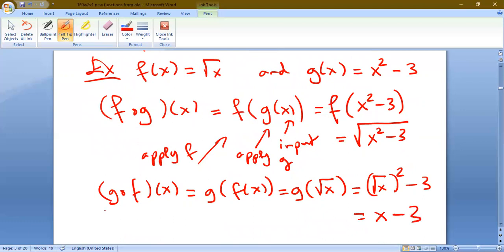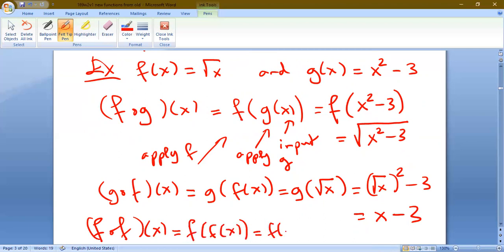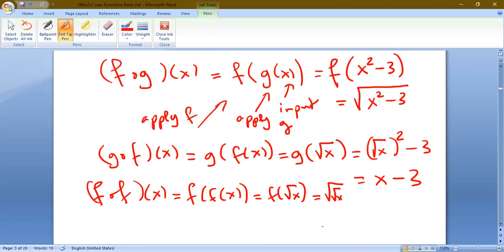Well, we can talk about f of f, like f composition f. What will it mean? So first, it's going to apply f to the input x, which will be square root. And then applying f again will take another square root. What is the square root of square root? Let's write slowly.